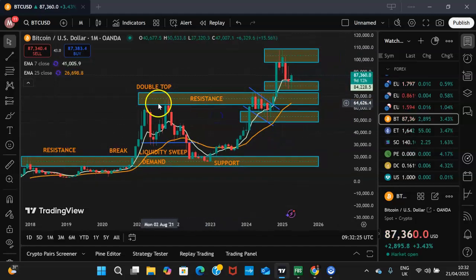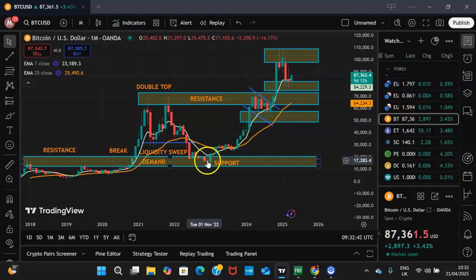Now if you pay attention to this, you have what we call a possible cup and handle. This is the cup, because if I pick a curve, I can draw a curve around this area, giving me the cup shape, and this is the top of the cup, and then this will be the handle.